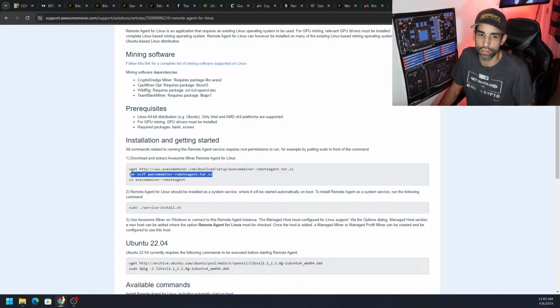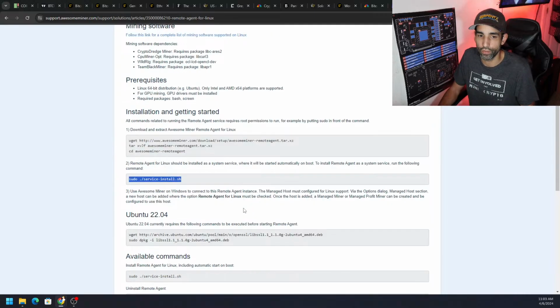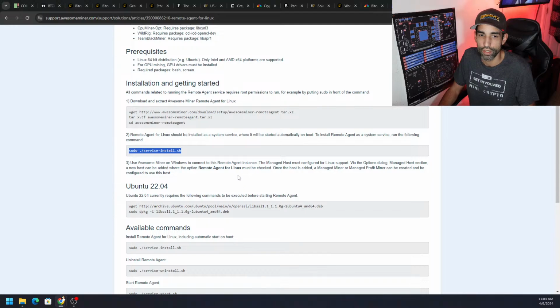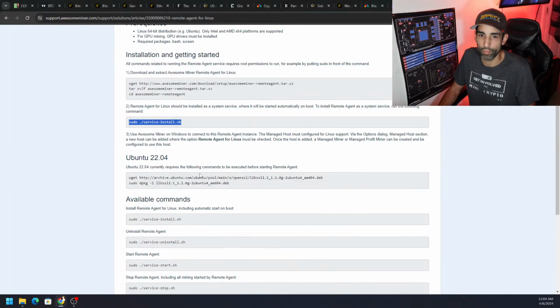Then tar xvjf awesome miner dash remote agent dot tar dot xz, right? Because you're extracting just like you would on Windows, and then you're changing directory to where you extracted that remote agent, and then sudo service install.sh, so on and so forth. So this is a guide right here for how to get that remote agent.